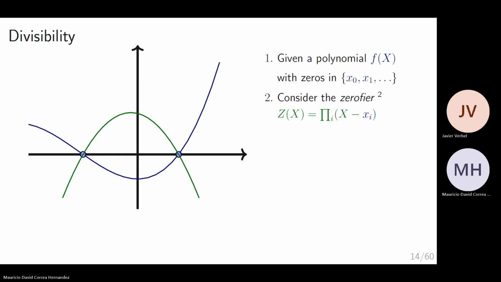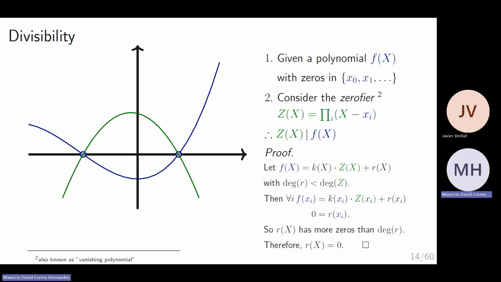So the theorem is a polynomial is always divisible by the zerofier for its root set. So if we have a zerofier that's defined in terms of the roots of that polynomial, then it's divisible. It's pretty straightforward. I see the mathematicians say, yeah, waving his hand, that's totally easy.